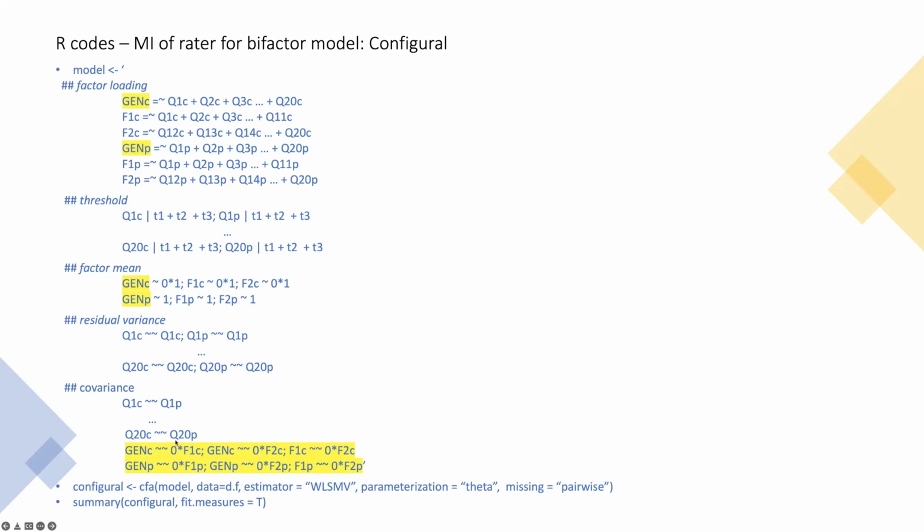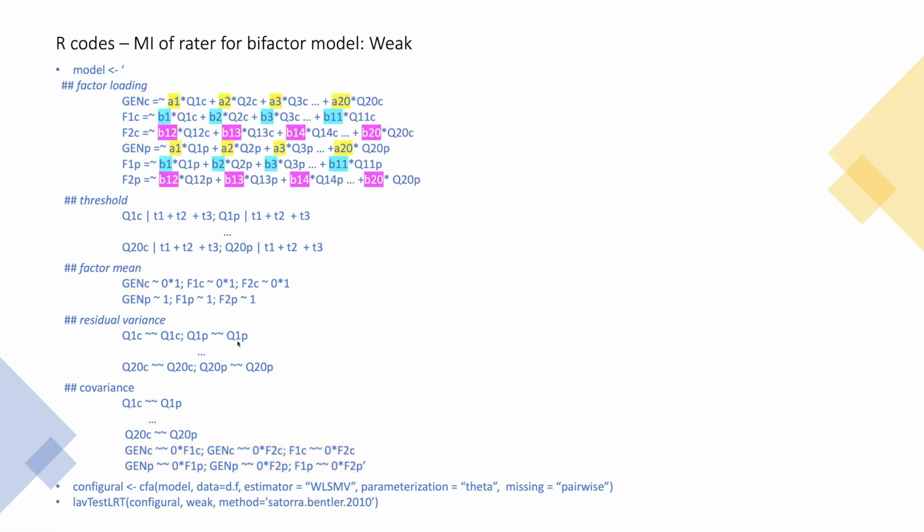So the general factor to the first factor within the child should be 0, and the general factor to the second factor as well. You want to do that for the parent and for the child. Otherwise, you will have convergence issues. Then when you fit the model, it is exactly the same as the configural, and you do the summary and get all the fit statistics.